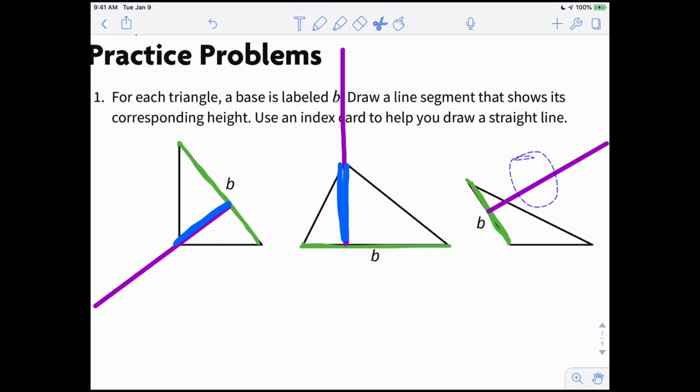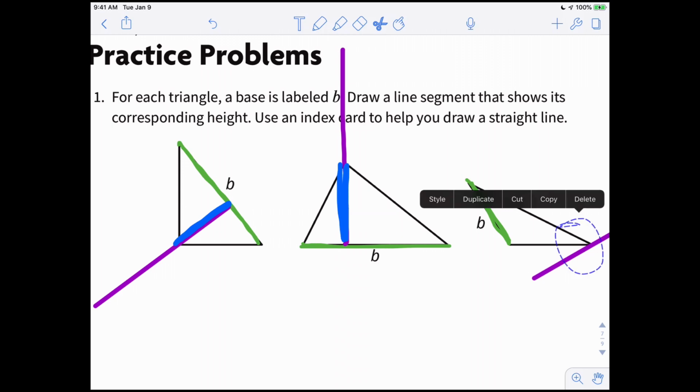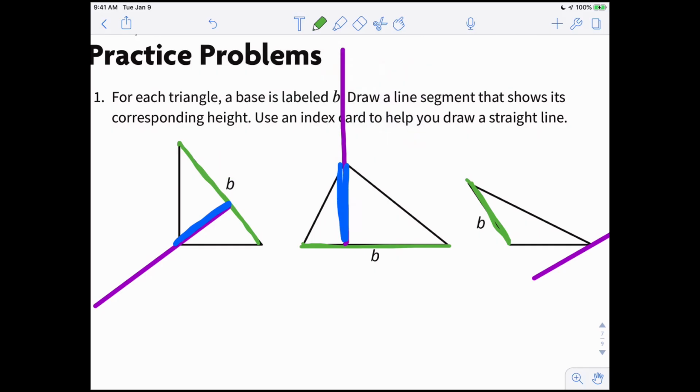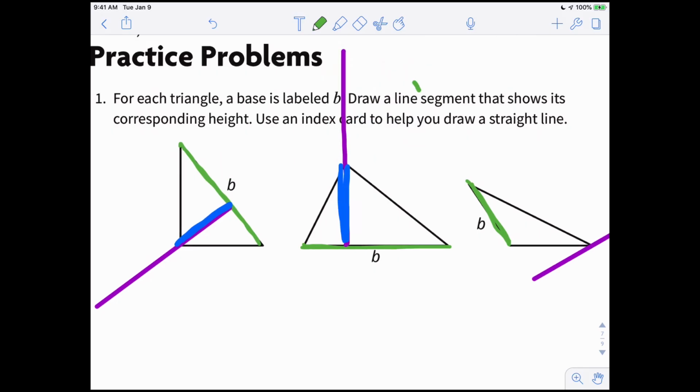And then lastly, this guy is a little tricky because it's on a slant. We see that the maximum is actually right there. In this one, we need to imagine the base getting extended. And there it is.